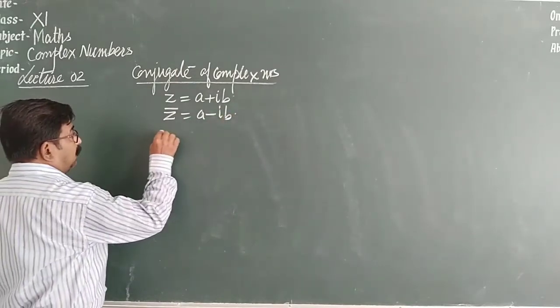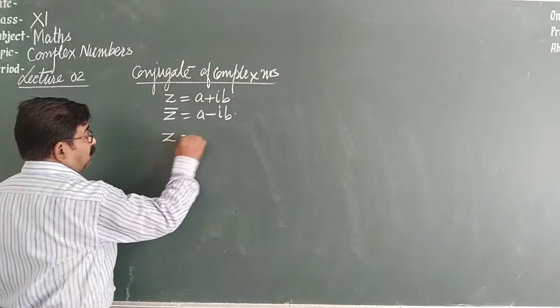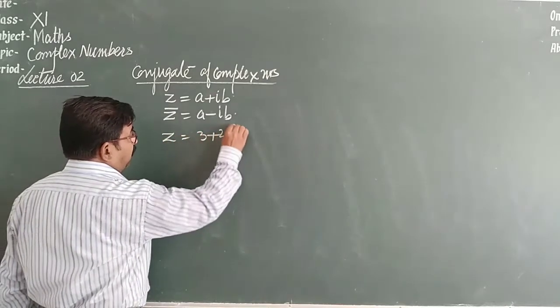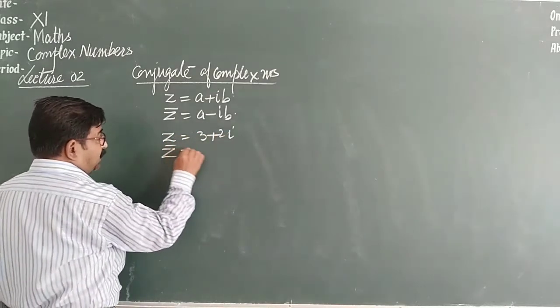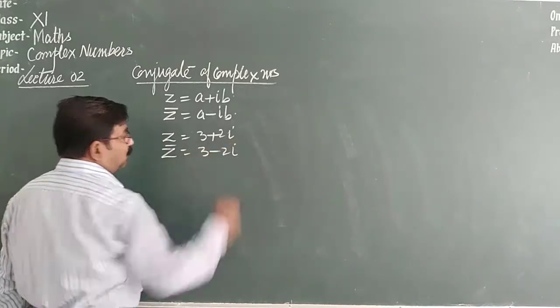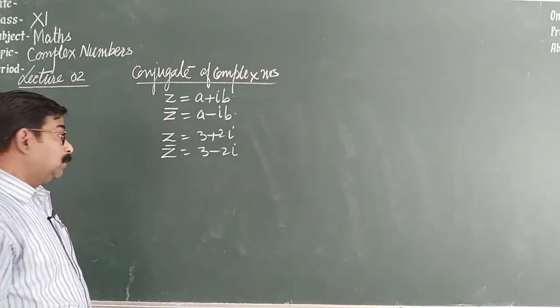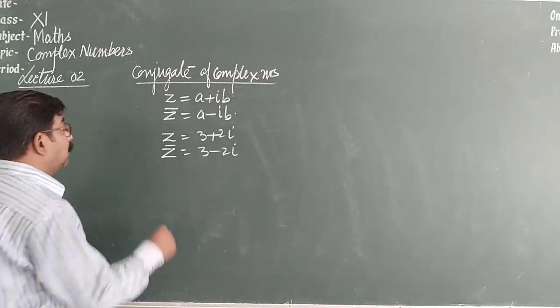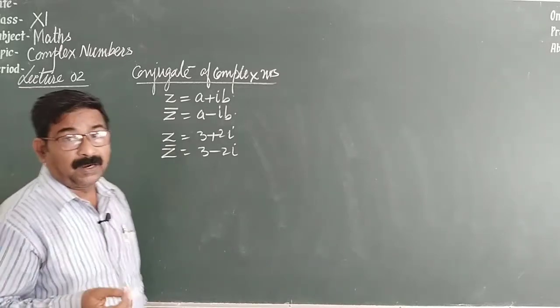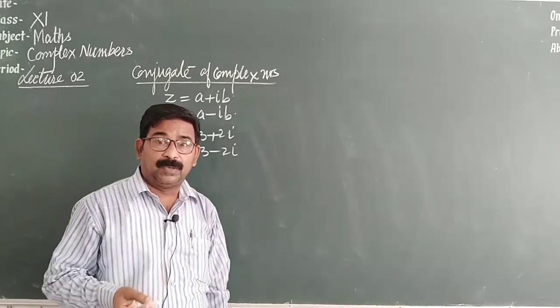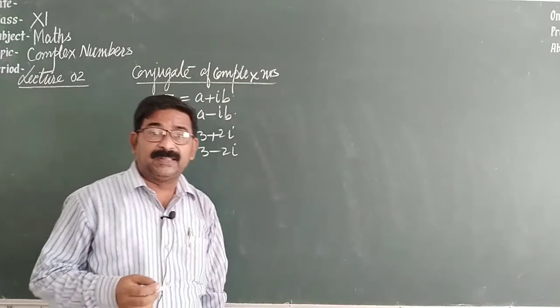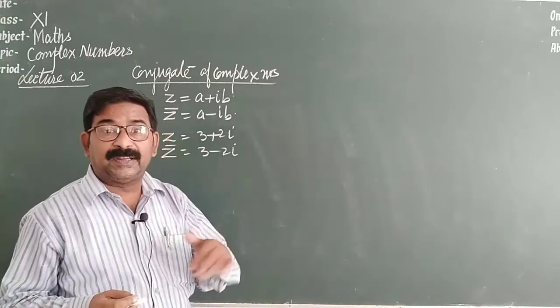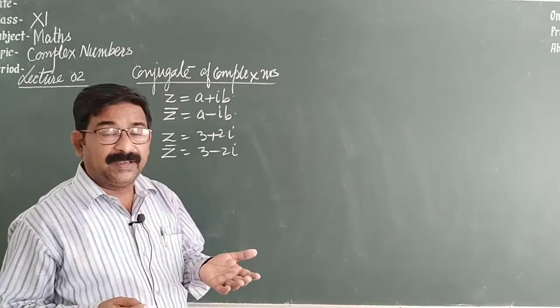Suppose z is equal to 3 plus 2i, then z bar is equal to 3 minus 2i. But when we are given a real number, its conjugate is the same as the real number.